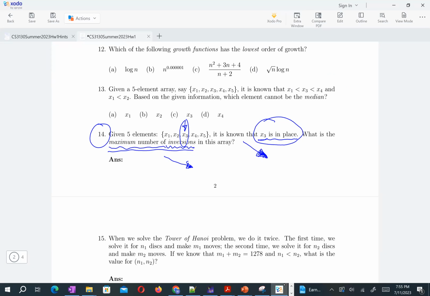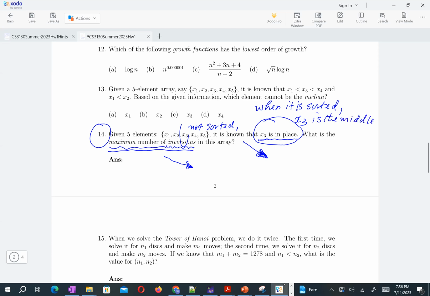X3 is in place. That means, first, this array is not sorted, not in order. But when it is sorted, x3 is the middle one.